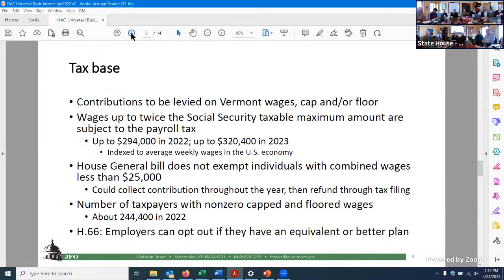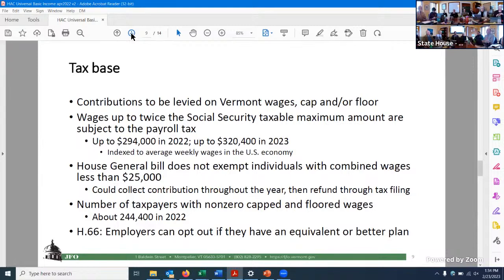So not included in the bill as it came to your committee, but we wanted to touch on it, was an exemption for employees who are earning $25,000 or less in wages. Essentially the structure had been that they would receive a refund from the tax department for their portion of their contribution.